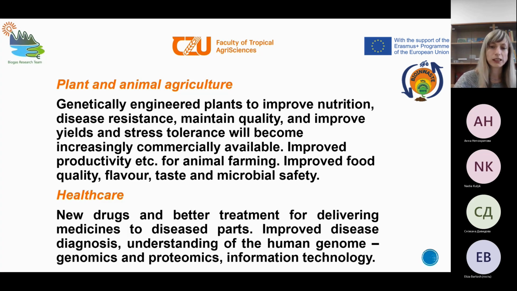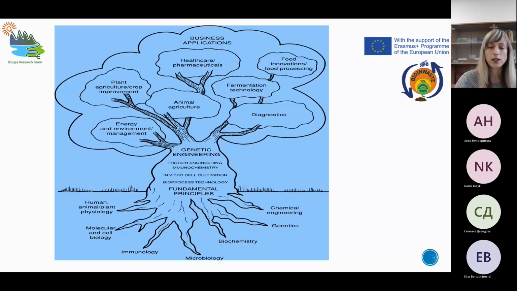Especially we see it's also important. So we see how it grows in different fields of biotechnology. They are mostly separate from each other but have some common issues and also integrate with each other.